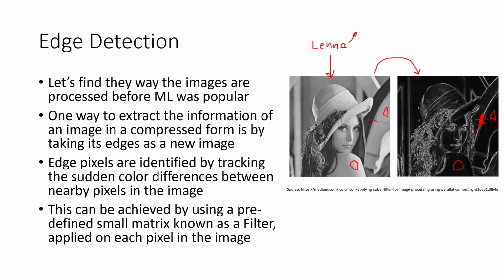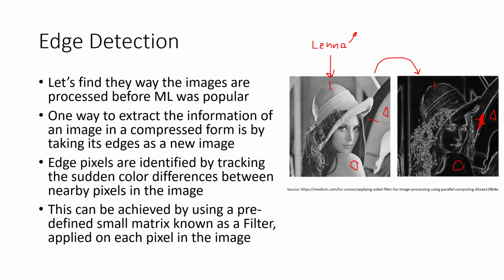When you have a very small gradient, a small intensity change in the image, say from here to here, you can find a blurred form of edge in this edge image.